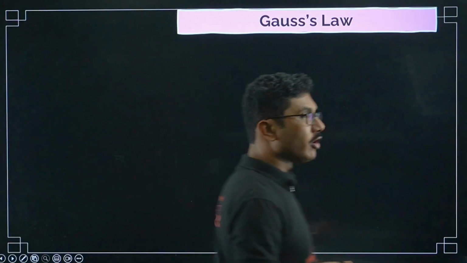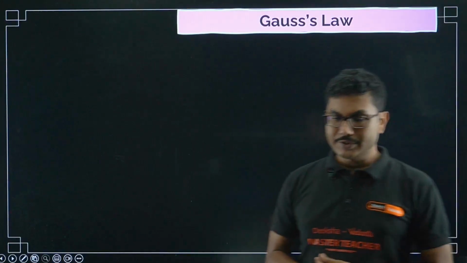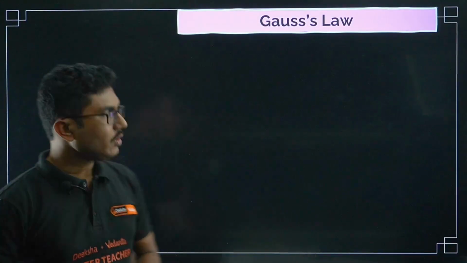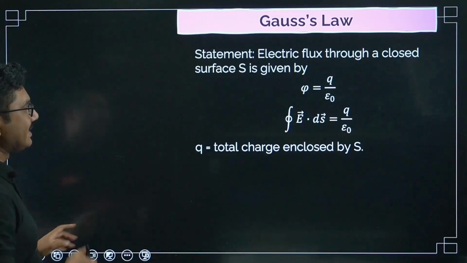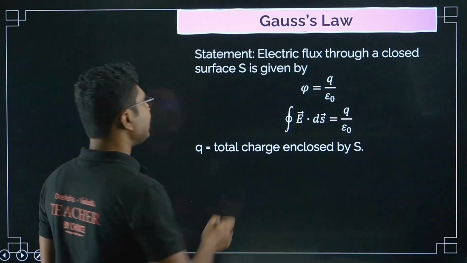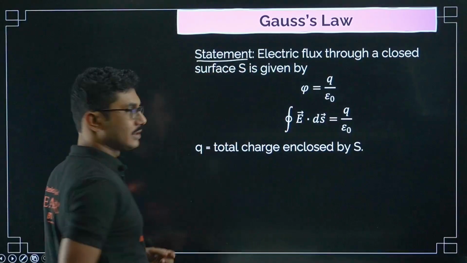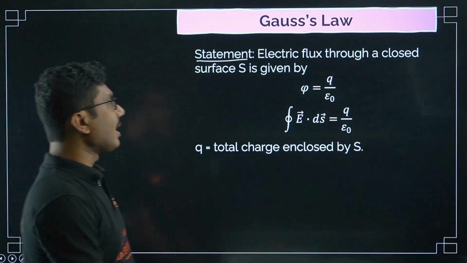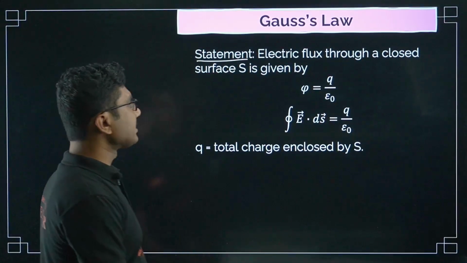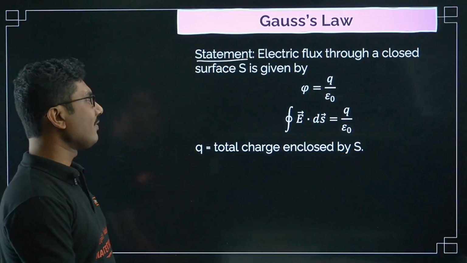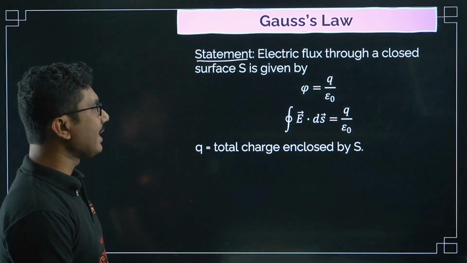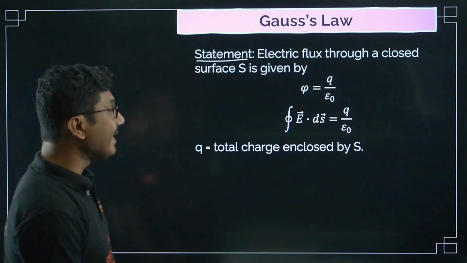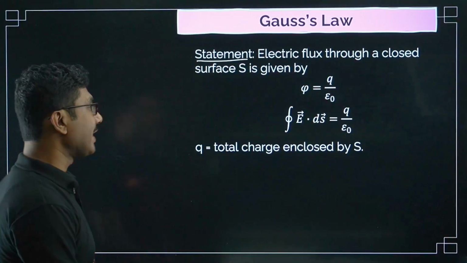Now let's move on to the next part, which is Gauss's law. What is Gauss's law about? So first we have to see the statement of Gauss's law. Electric flux through a closed surface S is given by phi equals Q by epsilon naught.